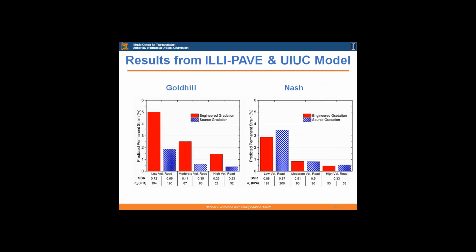Same thing in the FAA's procedure nowadays: subgrade rutting is controlled by the subgrade stress ratio, basically stress divided by the unconfined compressive strength of the subgrade soil. So it's a more robust thing for us to build into our models for better predictions of permanent deformation. So that's how we look at it.